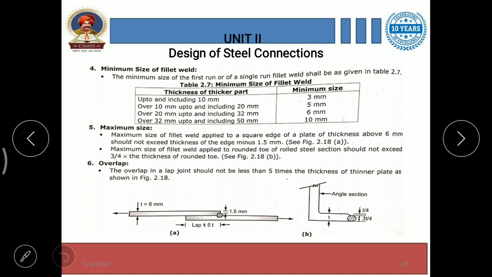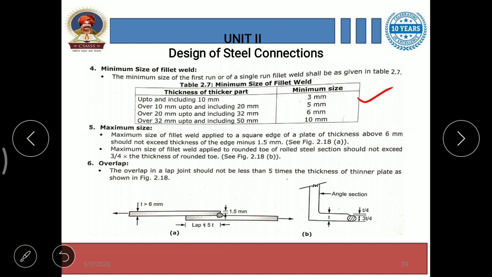Then fourth condition, minimum size of fillet weld. The minimum size of the first run or of a single run fillet weld shall be given in the table, this table 2.7. Here thickness of thicker part is shown in the first column, and minimum size of the fillet weld to be provided is given in the second column.